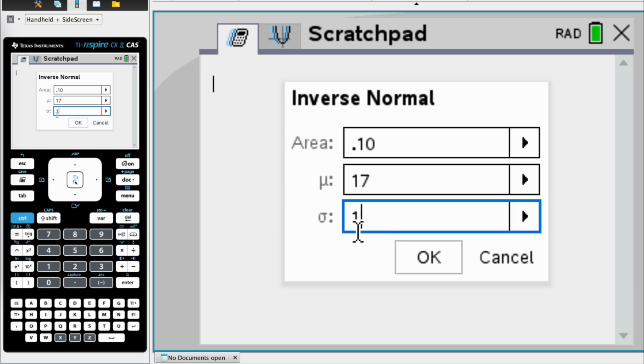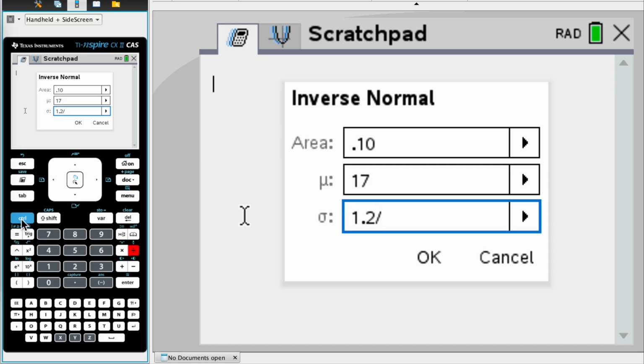The standard deviation, since we're using the sampling standard deviation, we're going to type in the population standard deviation of tulips, 1.2, divided by the square root of your sample size.